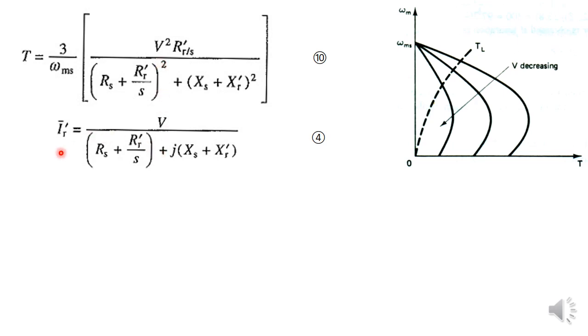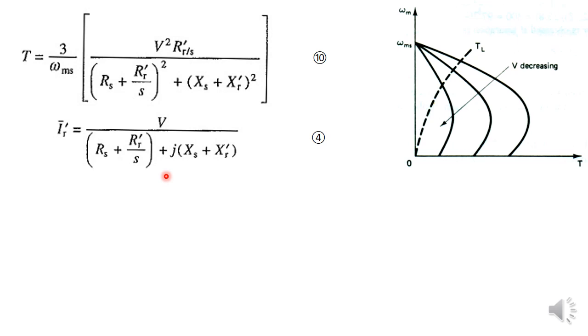But you can see that the current is proportional to voltage. That means even though the torque has decreased by a considerable amount, the current is not that much reduced because current has a direct proportionality with voltage. So when you reduce voltage, current will reduce.